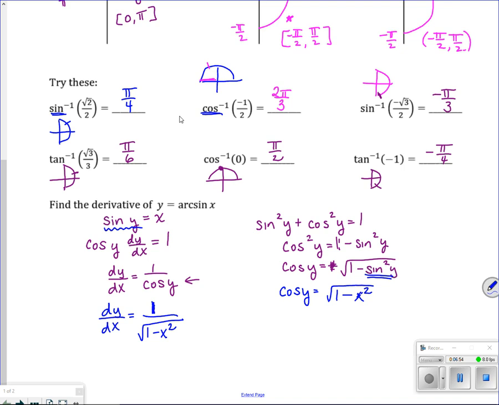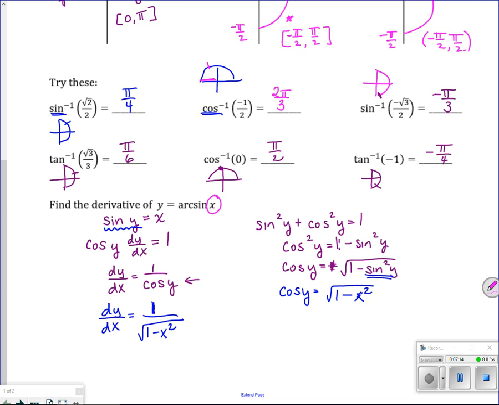Simple, right? Sure. But here's the deal. Is the argument always going to be just x? That would make life way too simple. You're too smart for the argument to be just x. So notice what we have.